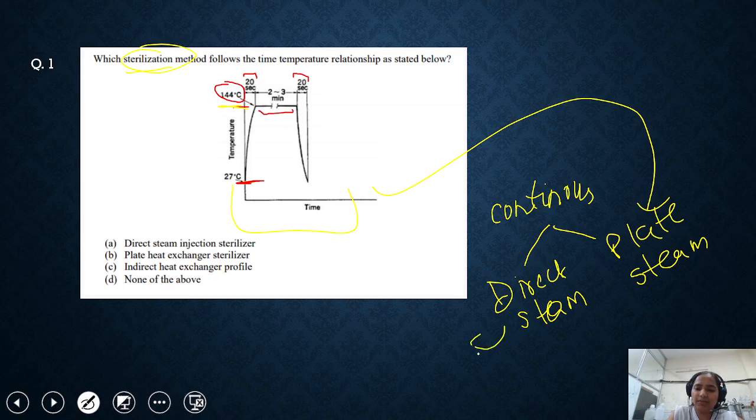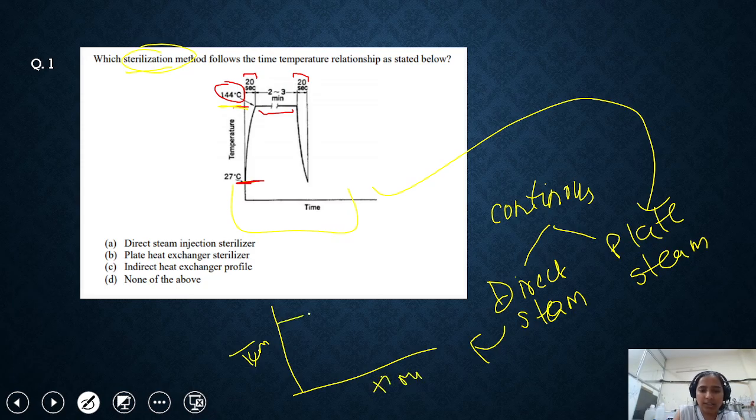In direct steam, what happens? When you draw the temperature and time graph, initially it has this high temperature, that is 144, suppose in this case. So 144 degrees Celsius is given directly, and after 2-3 minutes it will fall down. So this is the example of direct steam.